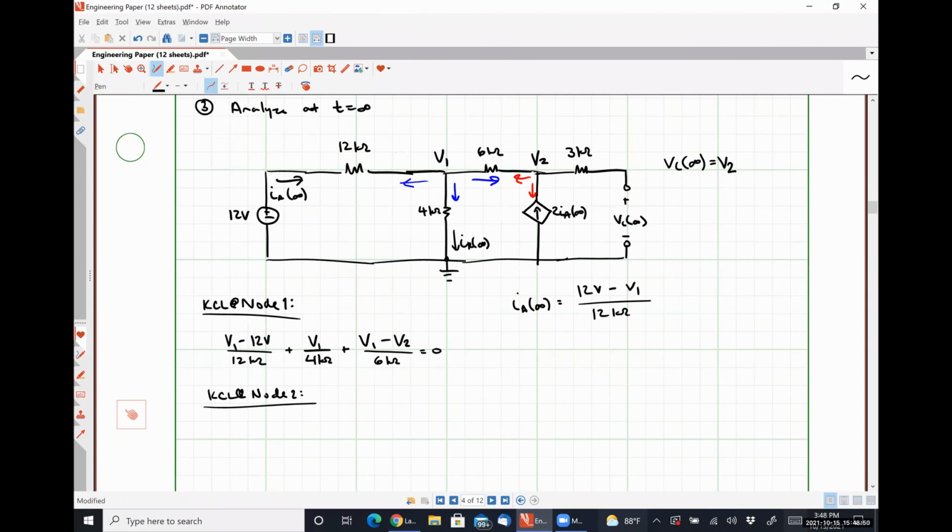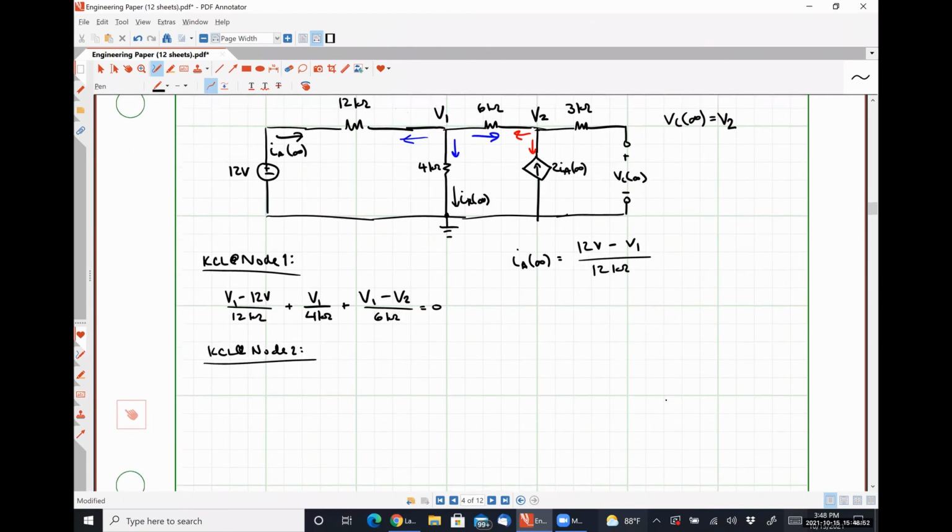A perfectly reasonable approach. So V2 minus V1 over 6 kilo ohms minus twice IA, where IA is 12 volts minus V1 over 12 kilo ohms, is equal to 0. And now we solve for V1.